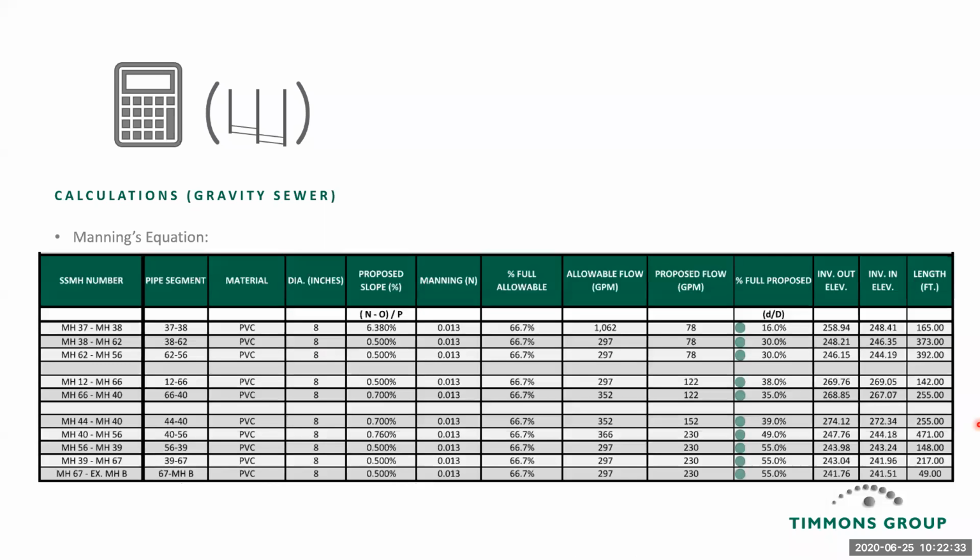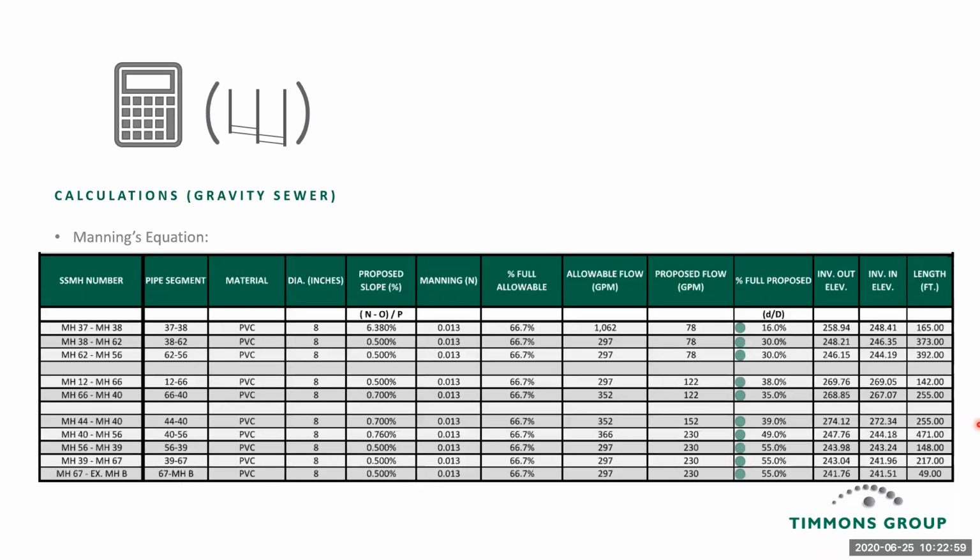So we can use Manning's equation to determine, given a known pipe diameter, a known slope, and either a known or assumed roughness, typically 0.013 is a good conservative assumption. And if we know the target flow rate for that pipe, we can then calculate the depth required to move that flow rate.